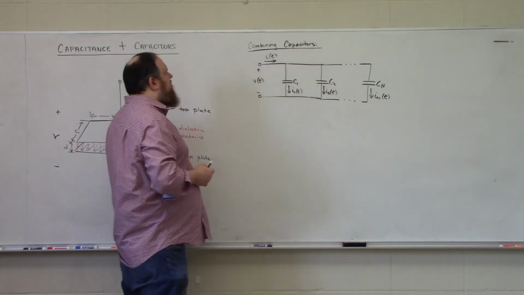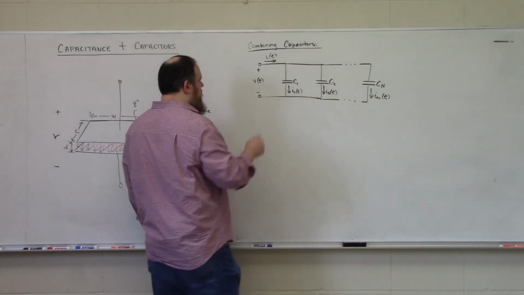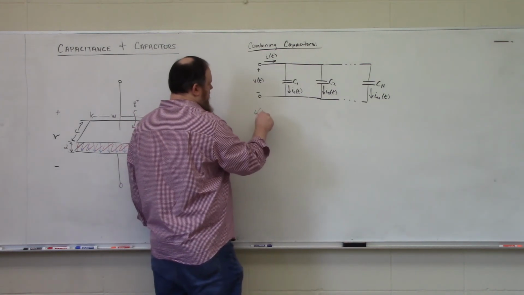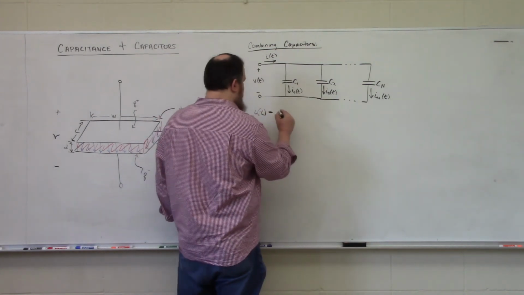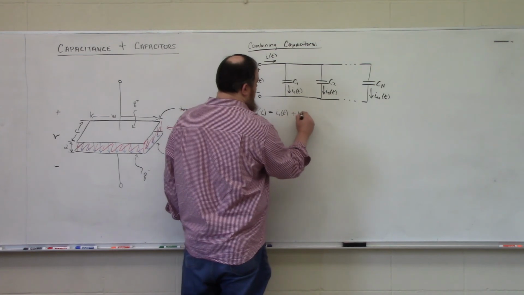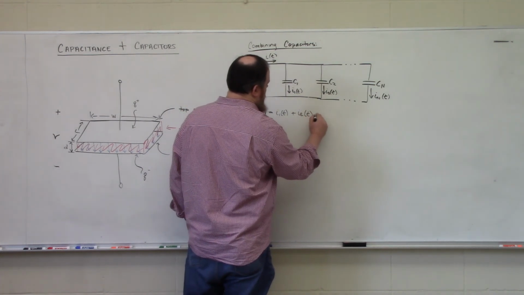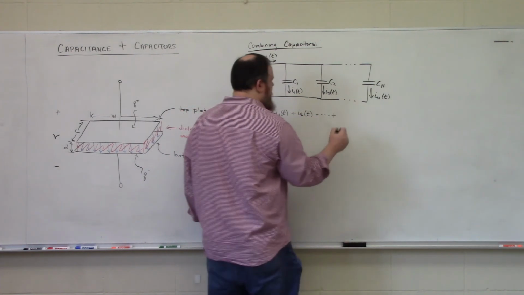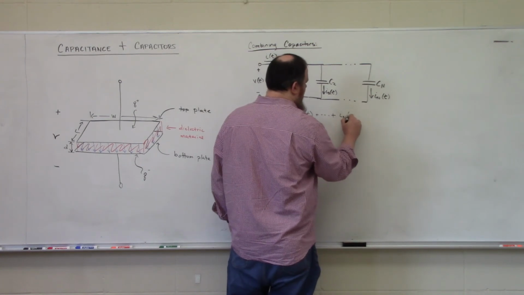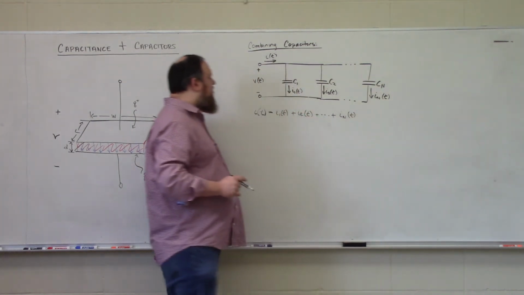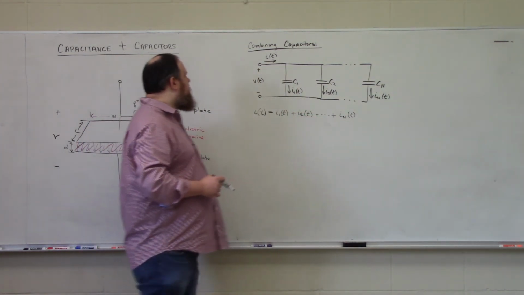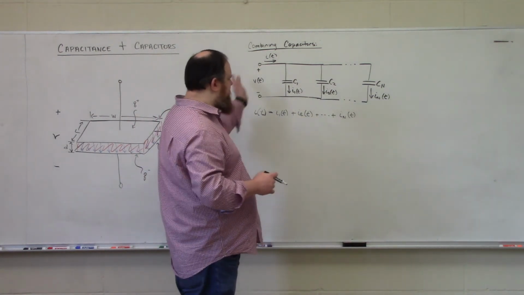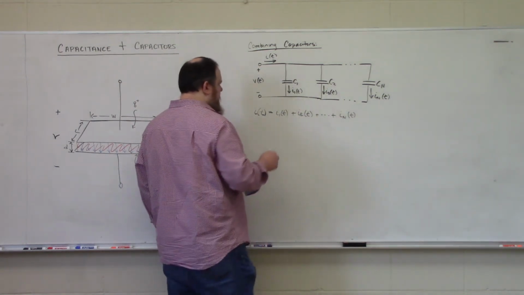If we apply Kirchhoff's current law at our top node, we would see that I of t is equal to I1 plus I2 plus IN. We can express all of those capacitor currents in terms of the common voltage. Since everything is in parallel, they all share the same voltage.